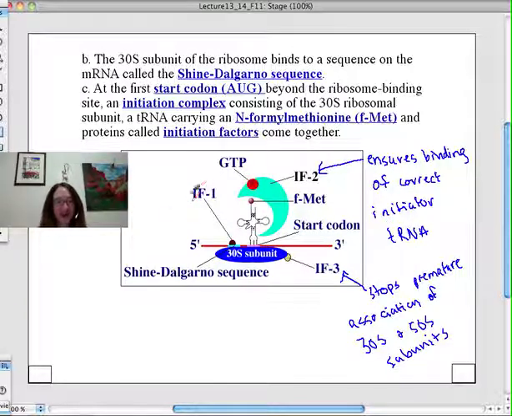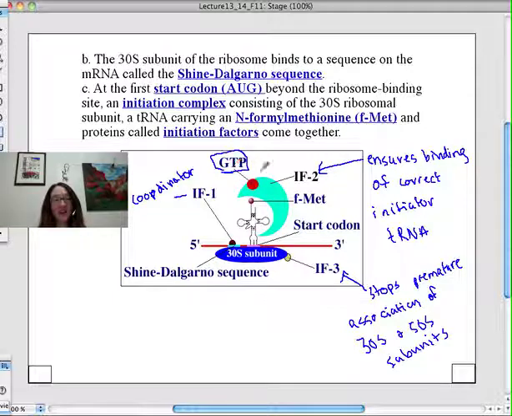Then IF1, this one actually kind of coordinates the functions of some of the others. I'm going to put it as a coordinator. And it is thought to play a bit of a role in the leaving of initiation factor 2 and the hydrolysis of GTP in that initiation factor loss. That's probably a really important thing to note right there, right?